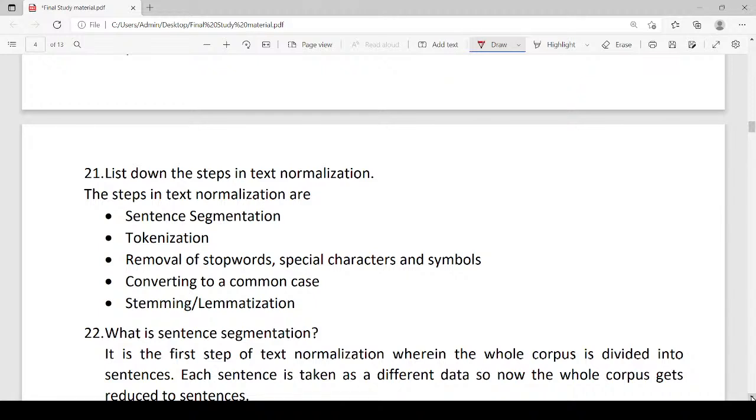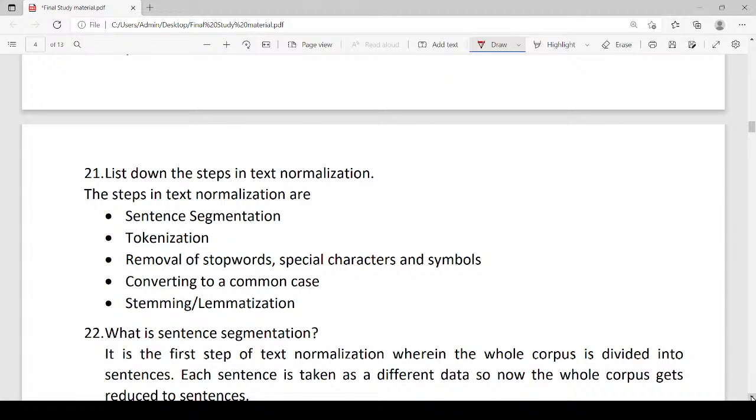Now, the second step of text normalization is tokenization. What is a token here? Can you tell me what is a token? Now you have sentences. In that sentences, what are these tokens? Yes, tokenization is separation of words in the corpus or in the particular document.